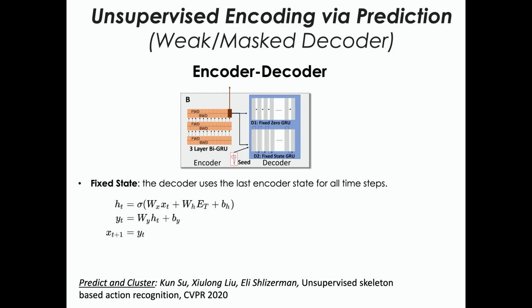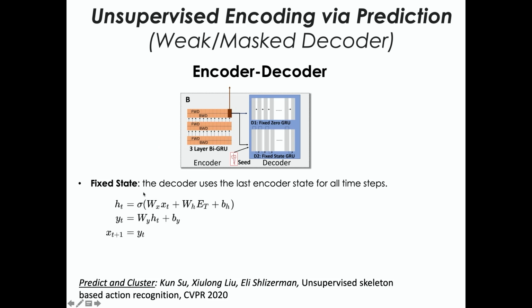Remember that what the encoder-decoder is doing is a forward pass first from the encoder to the decoder, and then while it's trained, there is a backward pass from the decoder back to the encoder. So in this paradigm, published in CVPR 2020, we proposed that the decoder will get only partial information from the encoder.